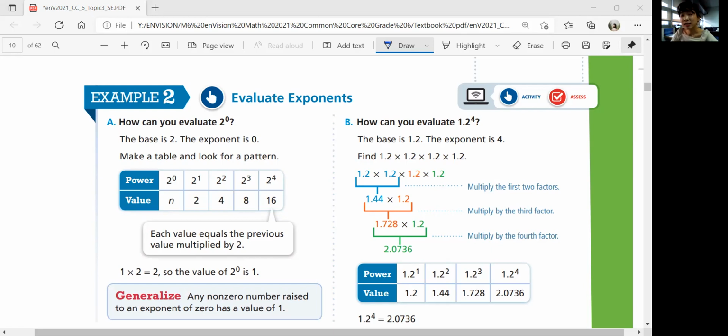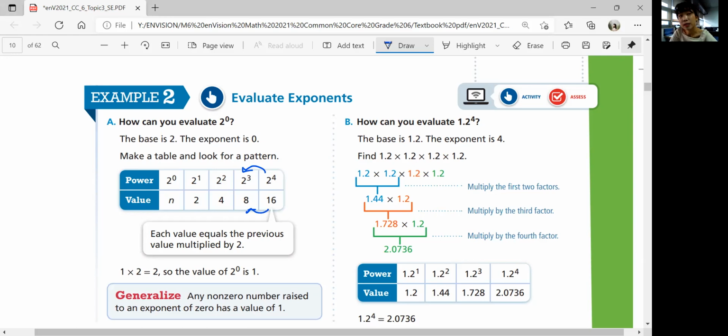You can look at a table. You can make a table and look for a pattern. If you multiply 2 once, that's 2. If you multiply 2 twice, that's 4. If you multiply 2 3 times, that's 8. And 4 times, that's 16. What about going backwards? If you multiply 1 less time, what happens to your number?